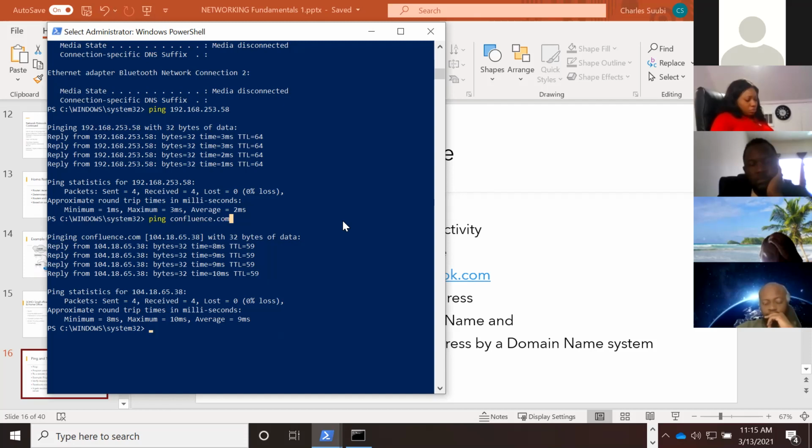If the server is behind a VPN, do we still ping it directly like this and still get a response? If the server is behind a VPN or a firewall? So usually, yes.